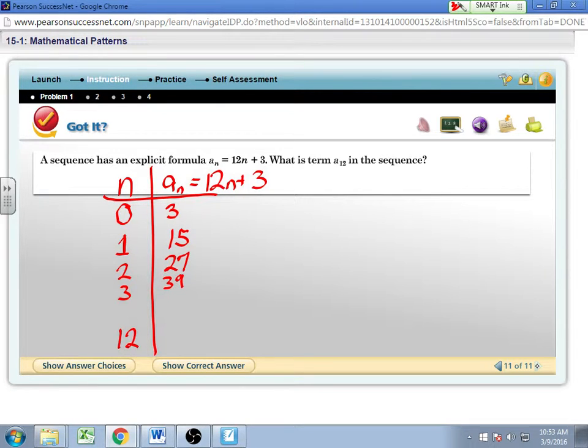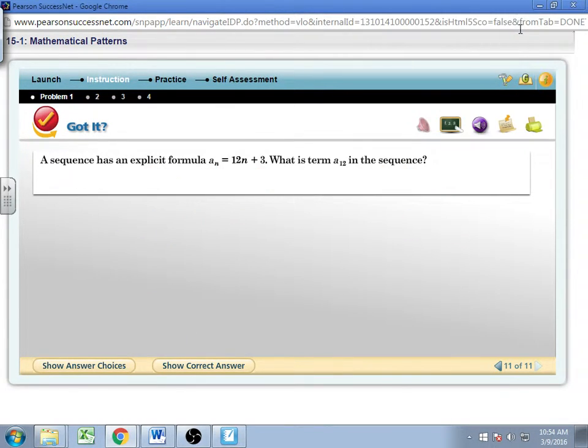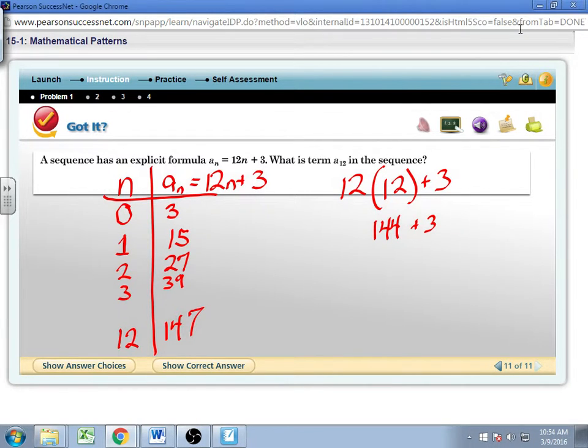But now if I need to jump to a sub 12, just plug it in and do the work. 12 times 12 plus 3. What's 12 times 12? 144. So then this comes out to be 147. Any questions on how we do that? It should be pretty easy. We're just finding the output of a linear function right now, essentially.